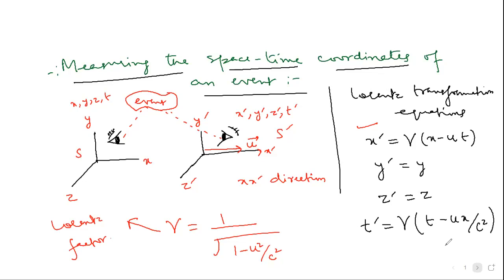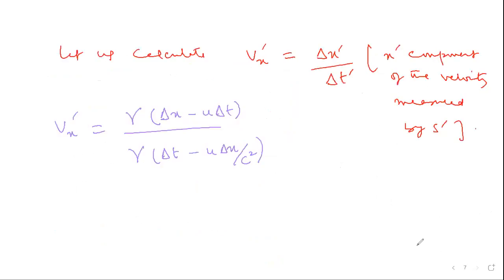So we are here. So we obtained Vx prime equal to gamma times delta x minus u delta t over gamma times delta t minus u delta x by c square. So gamma cancels out.